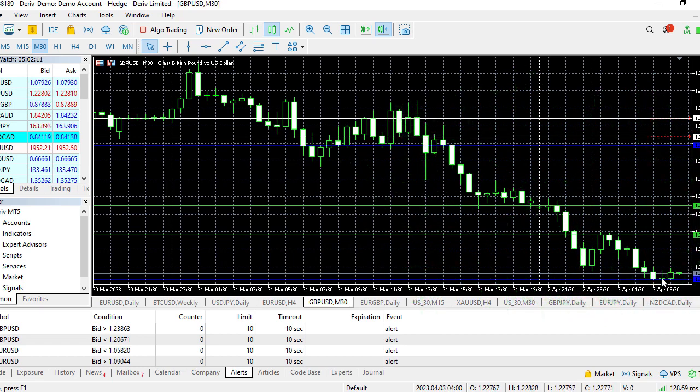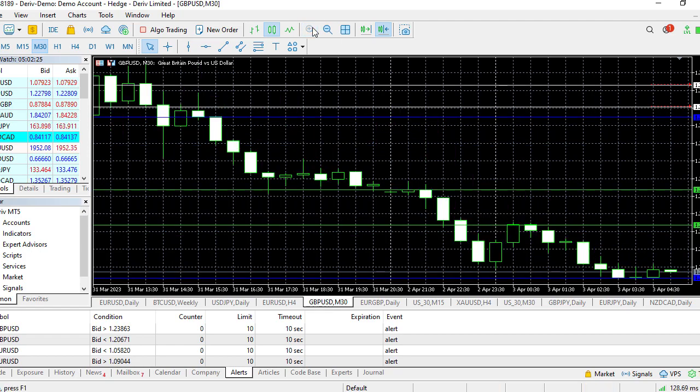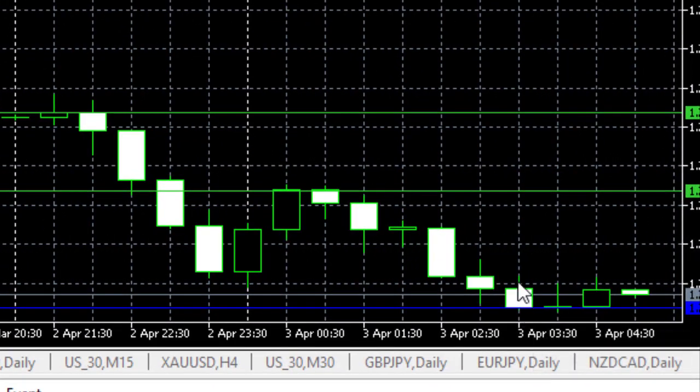Then this one, it was the open price. Open price was this. This was a buy. Low here. So this doesn't really match because we have a sell. This one was a buy.